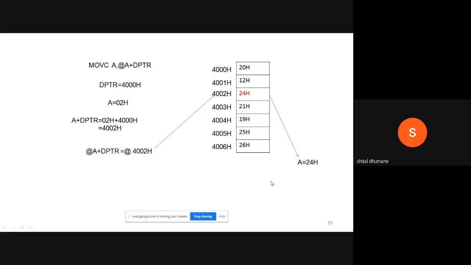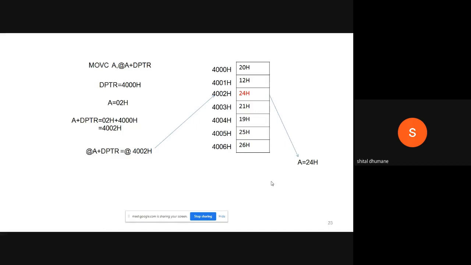This is the most important instruction in 8051. Why is it called index addressing? Because whenever you want to access a lookup table in any program, this instruction will be used. A lookup table is nothing but data stored at some memory locations.